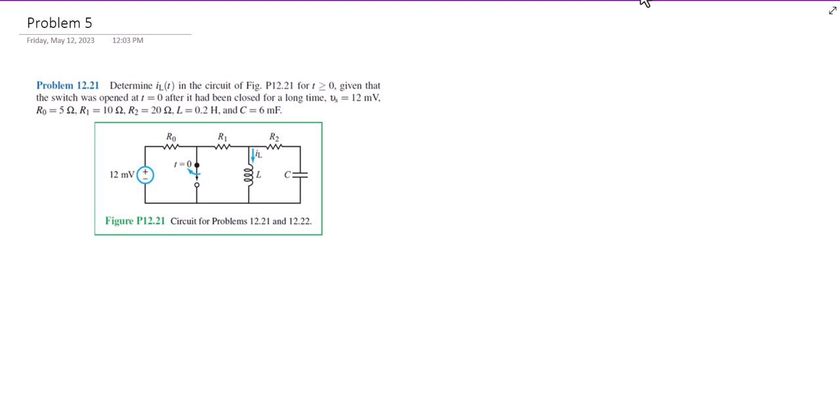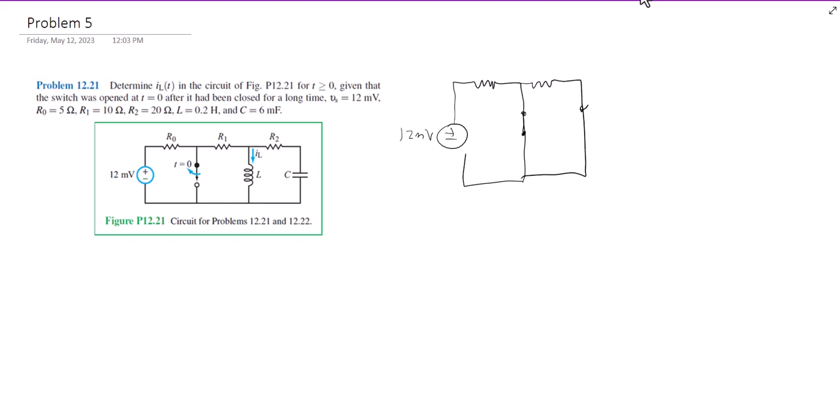Alright, so the switch had been closed for a long time, so let's take a look at the state of things right before the switch is opened. If the switch had been closed, we've got a short right there, so nothing is going to go beyond this part.